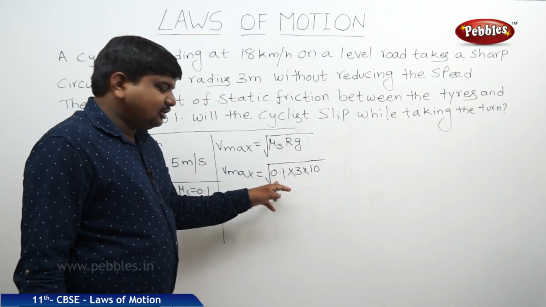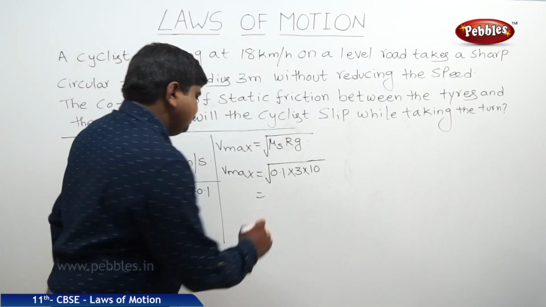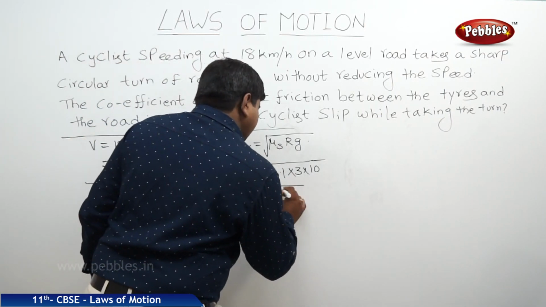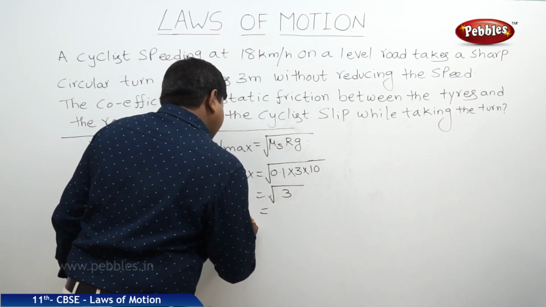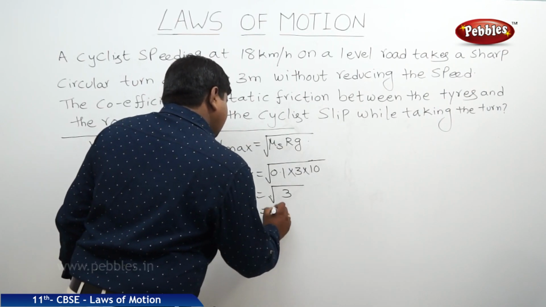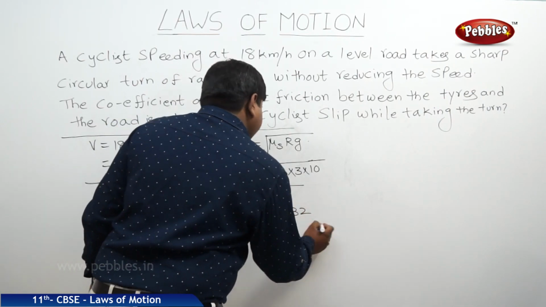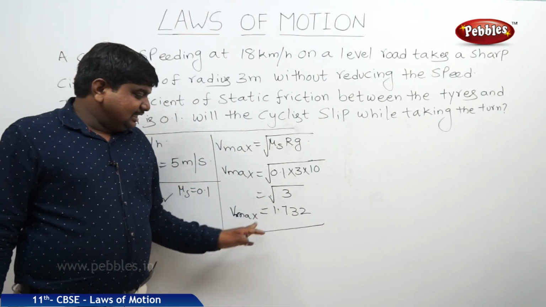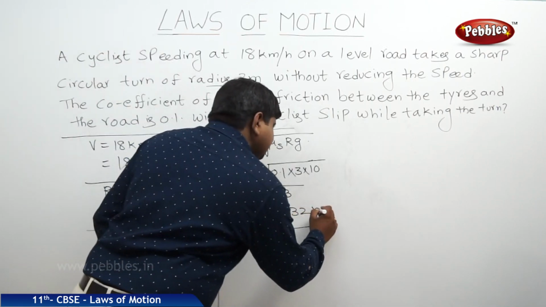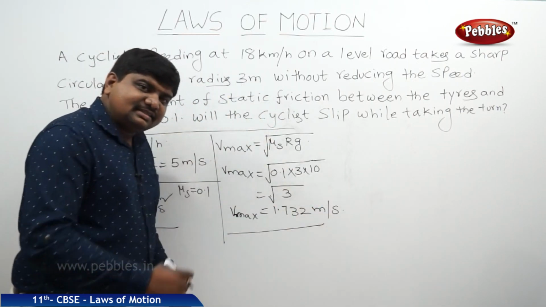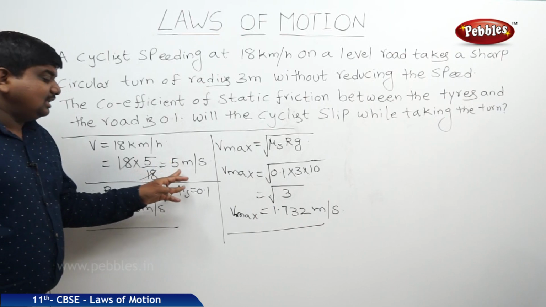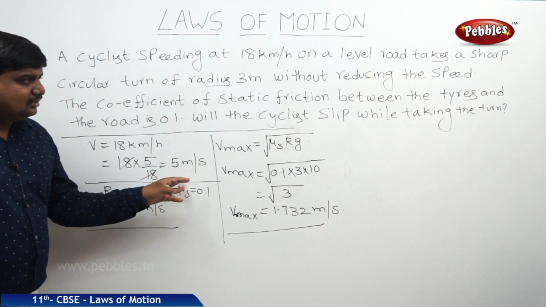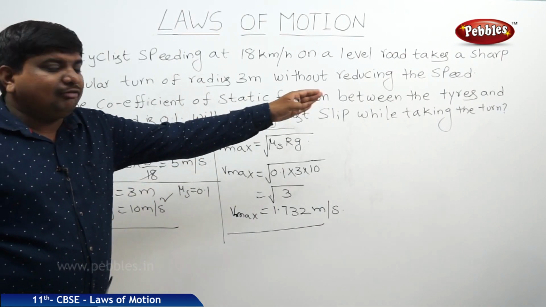So 10 and 0.1 make 1, 1 into 3 is 3, the square root of 3. So V max we got is 1.732. The velocity we are getting is 1.732 meters per second. This is less than the minimum requirement, the 5 meters per second. That's why the cyclist will slip while taking the turn.